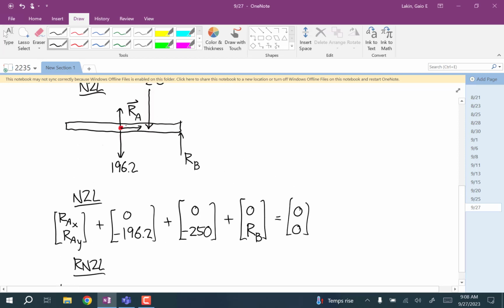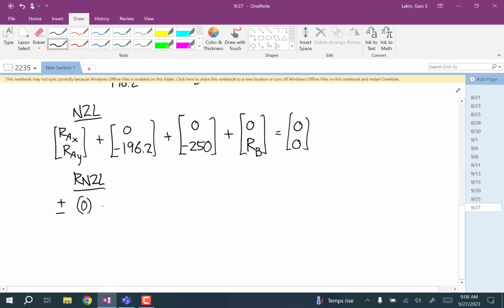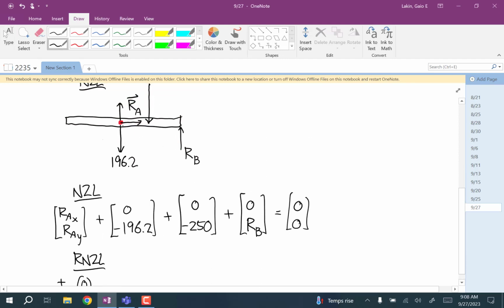But for the force RA, that's at our about point. So the row vector is 0. The force vector, in this case, has two different components. The only component that's going to produce a moment on a beam is the vertical component.